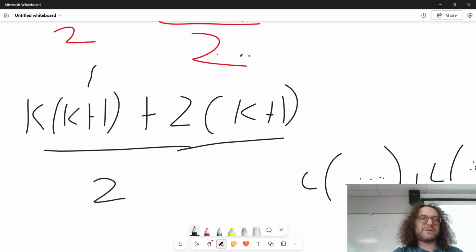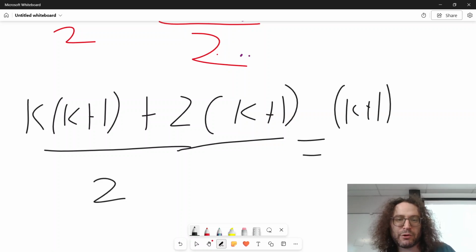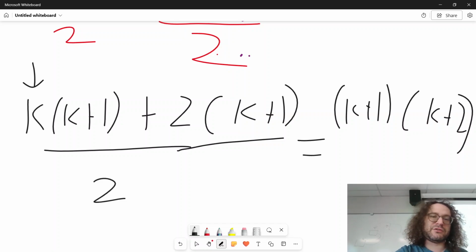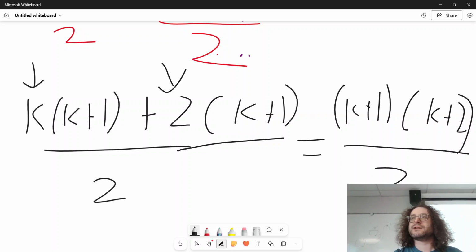Here, though, the expression is the common factor, which leads to this kind of weird maneuver, but it makes sense after you see it: k plus 1. So we pulled out the k plus 1, and then we've got k plus 2, right? The k plus 2 comes from these two, and the k plus 1 comes from this. So we have k plus 1 times k plus 2 over 2.